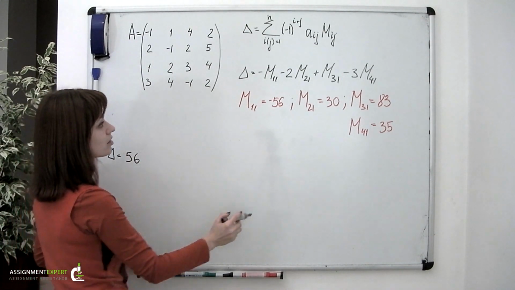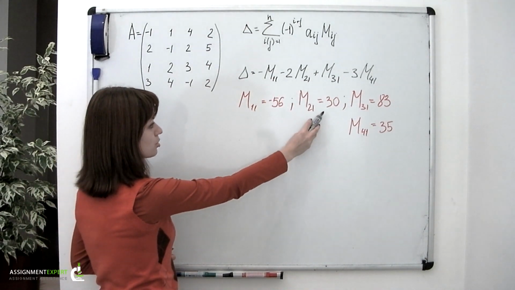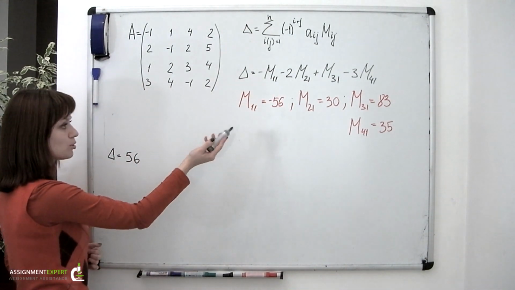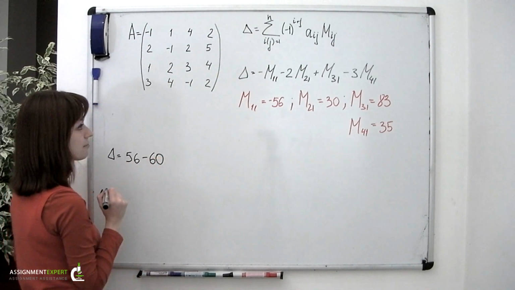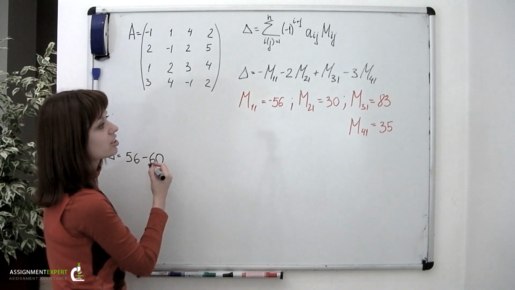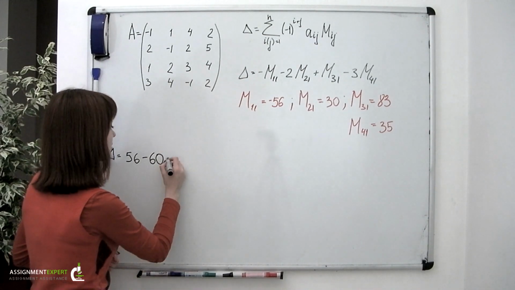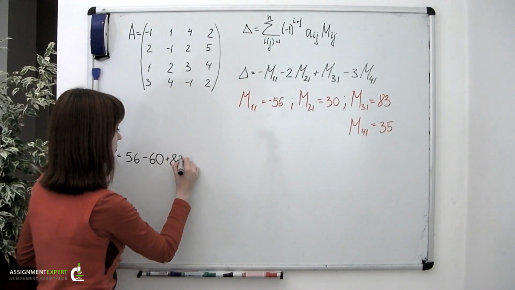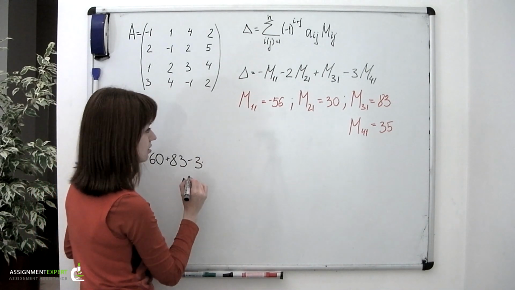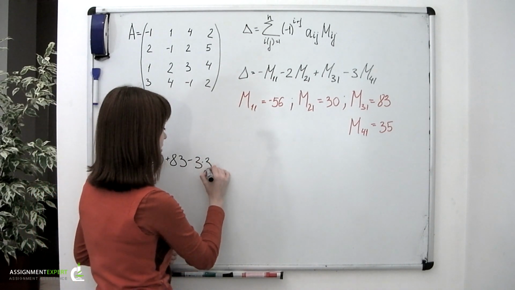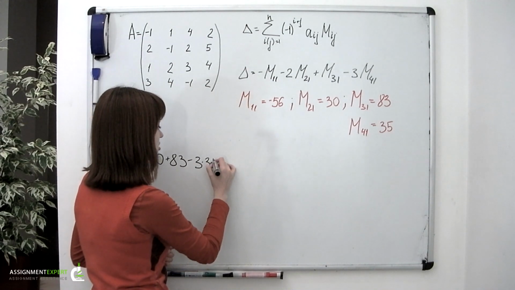Then we subtract 2 times minor m sub 2, 1, which is negative 2 times 30, so we subtract 60. Then we add minor m sub 3, 1, and that is 83. And then we subtract 3 times minor m sub 4, 1, and that is 35.